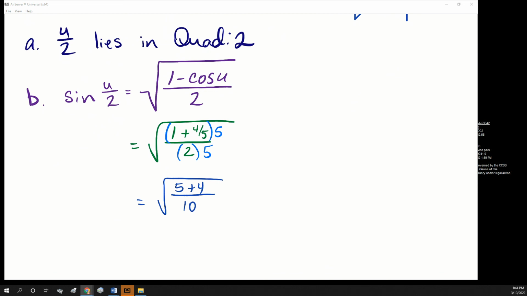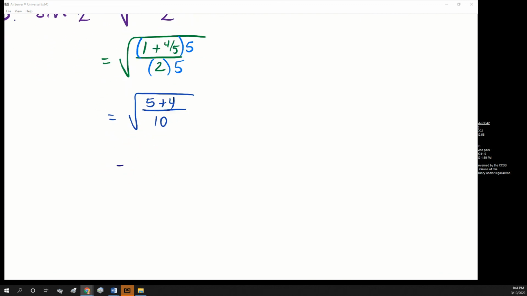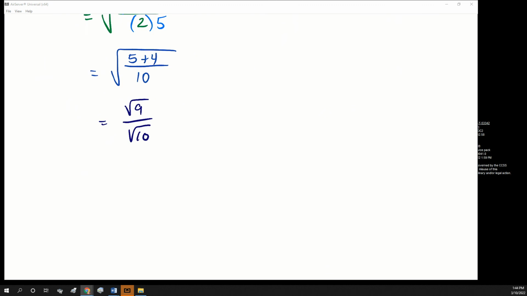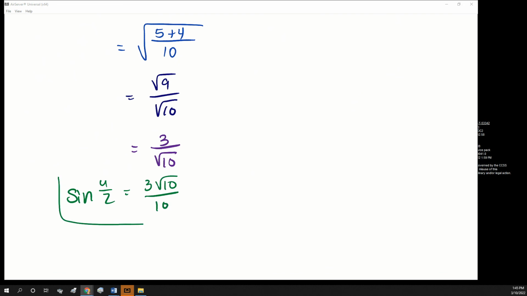And then if you have the square root of a fraction, what you can do is break it apart into the square root of the numerator over the square root of the denominator. And the square root of 9 is just 3. So eventually this simplifies down to the sine of half of u is equal to 3 square root of 10 over 10.